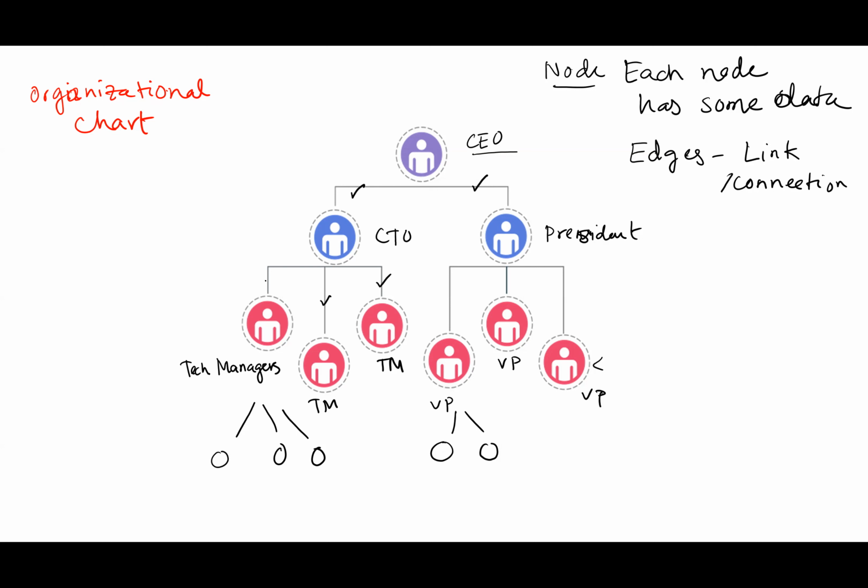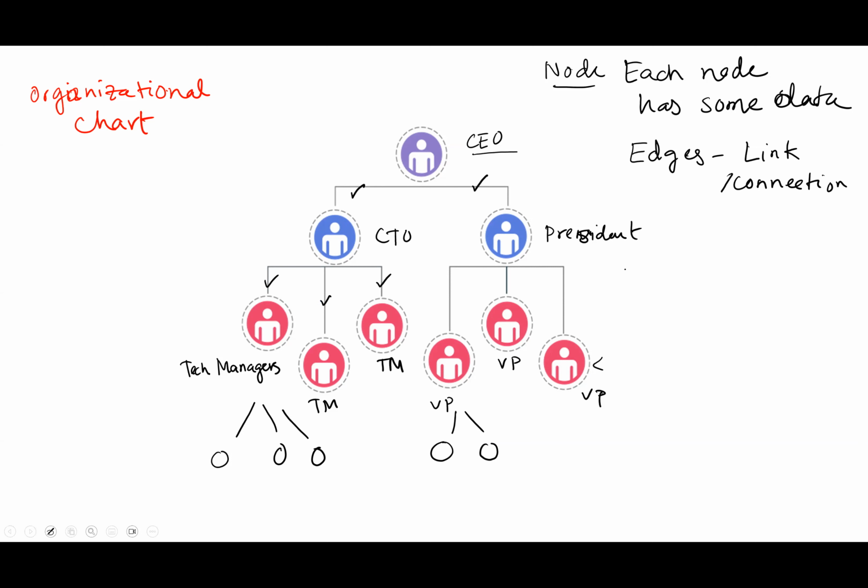This is another edge, right? Each node may have links or connections to multiple other nodes. Suppose the CEO has links to two other nodes. The CTO has links to three nodes, right? And each of these links is called an edge.